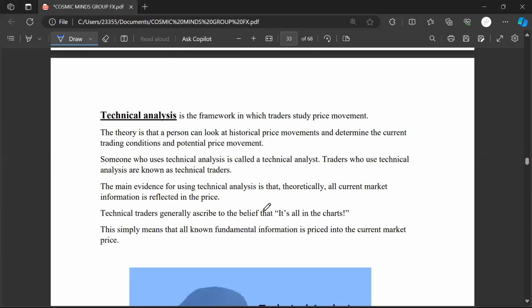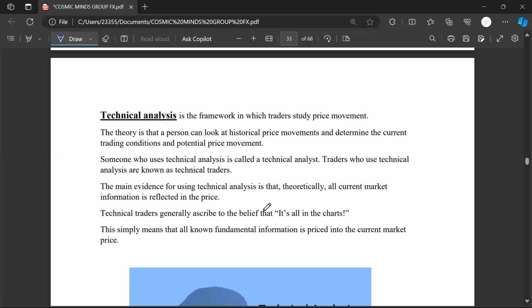Now, let's look at what technical analysis is. Technical analysis is the framework in which traders study price movement. That's what we do. We are just studying price movement, how prices move and how they form, their nature. We are just learning that.